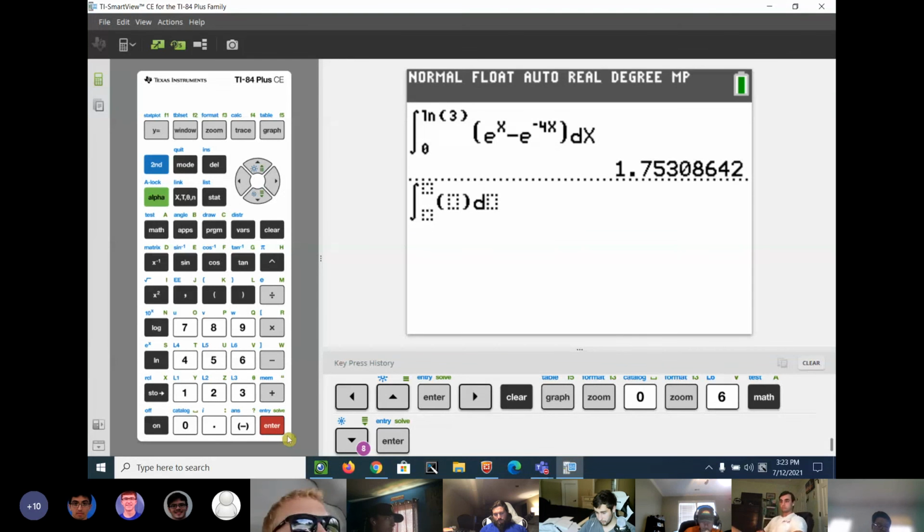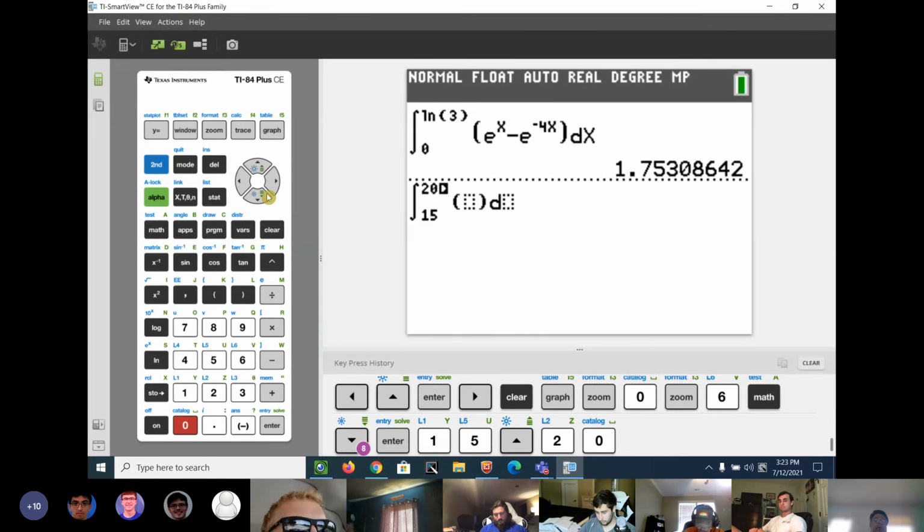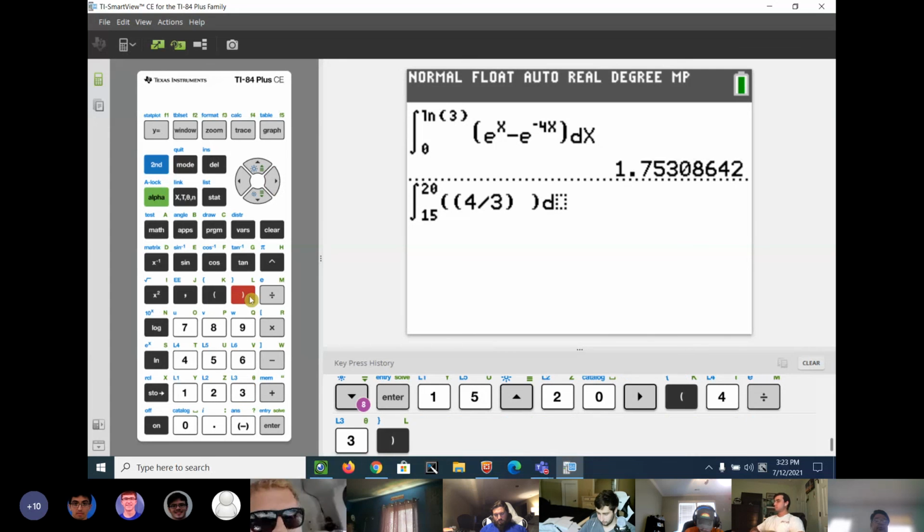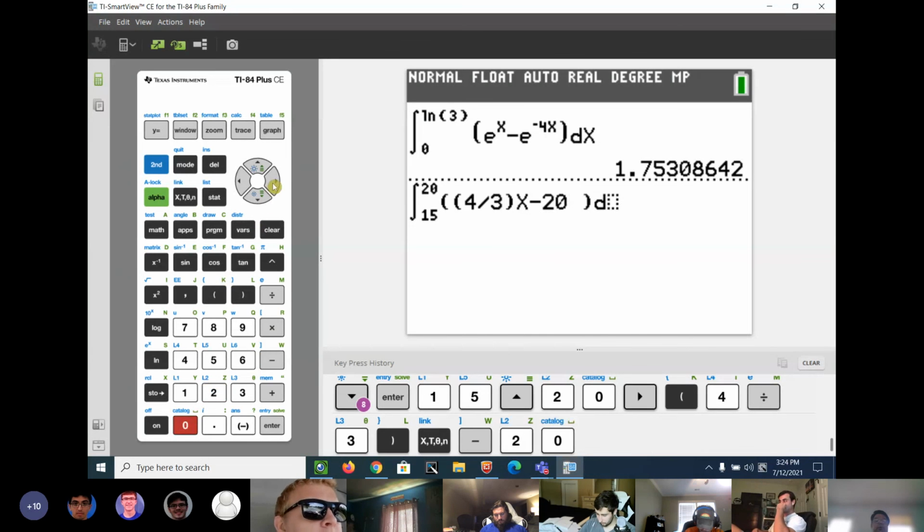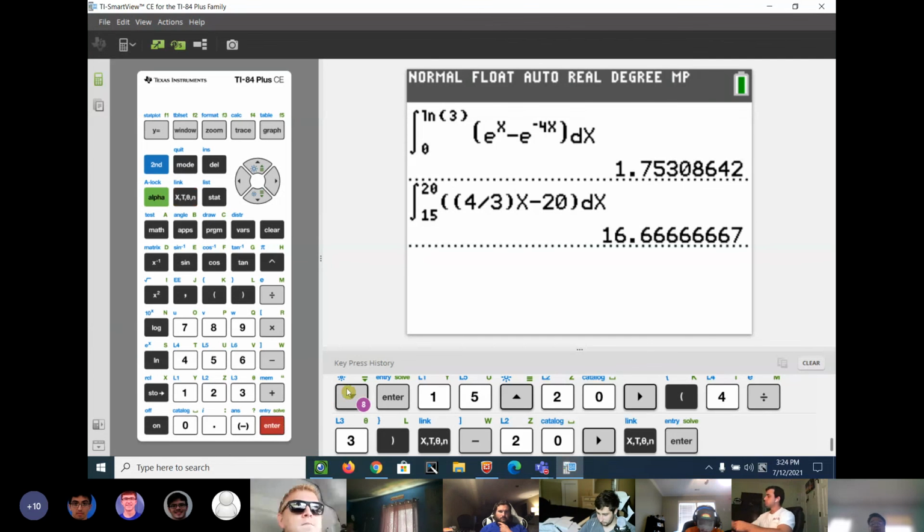Let me go back and find my, there we go. 15 to 20 of 4/3 x, 4 divided by 3 x minus 20 and dx. 16.67, write that down, or you could store it.